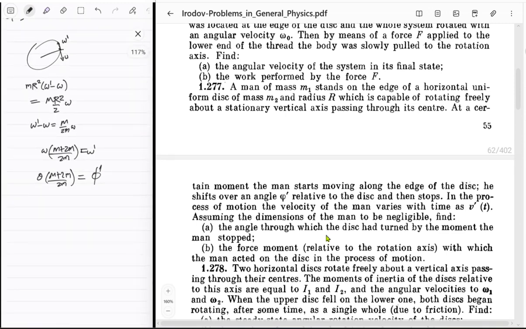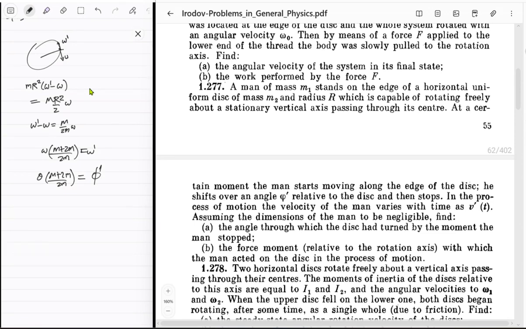That's the thing. And we also want the force moment related to the rotation axis with which the man acted on the disk in the process of motion. That's a hard thing actually, because it changes, right? But what we know is that finally both of these have angular momentum equal to zero because it just stops. So the man stopped with respect to the disk.